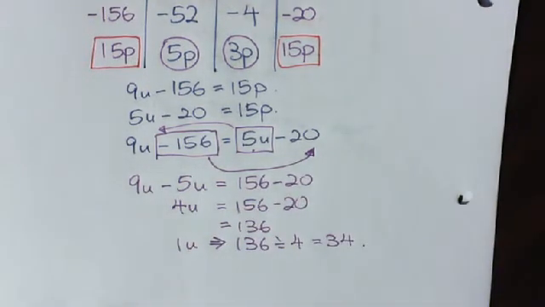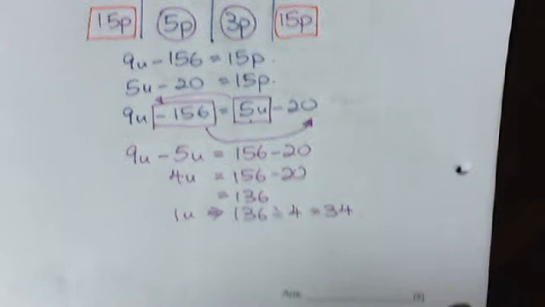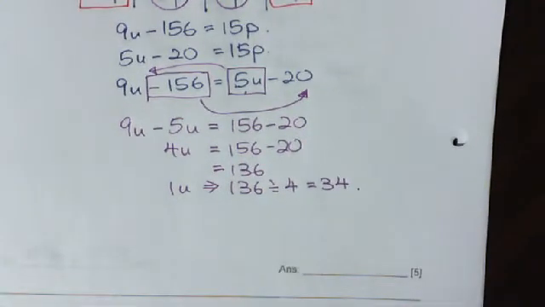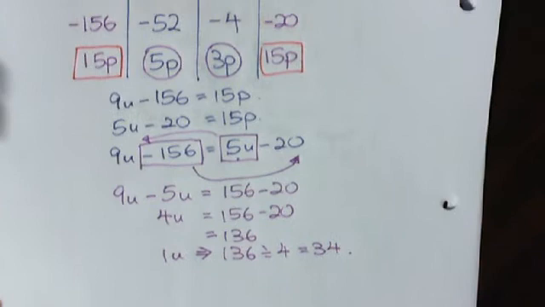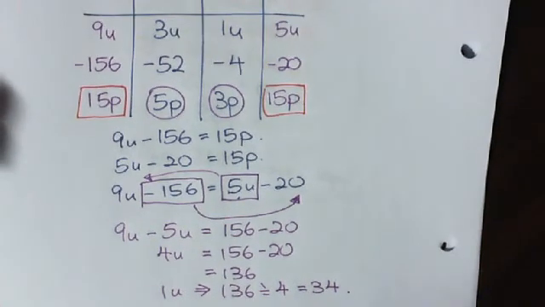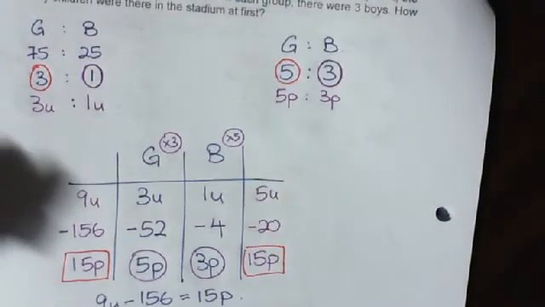Okay, when you reach this step, you know very clearly that you are nearly done with the problem. But it's very important for you to keep in mind what you are looking for. How many children were there in the stadium at first?